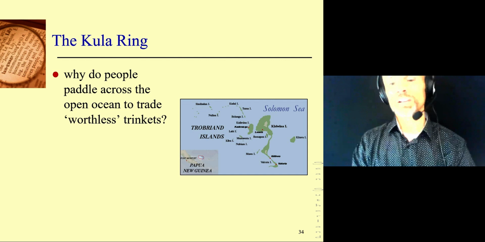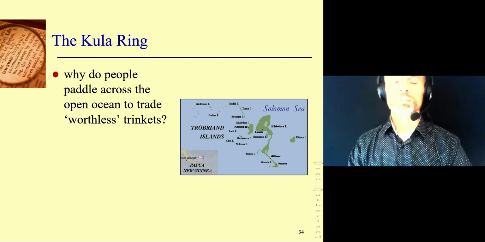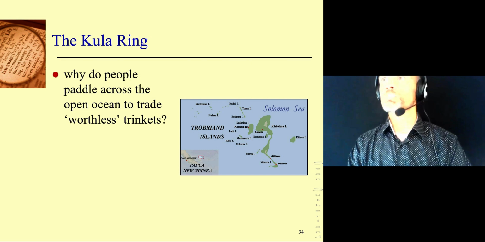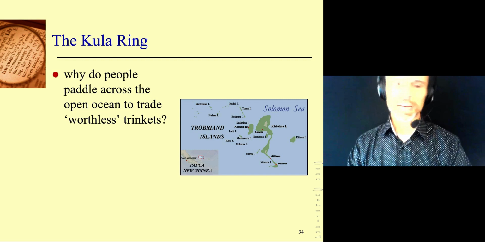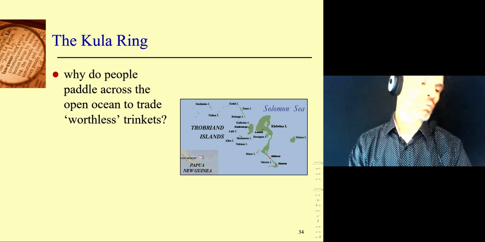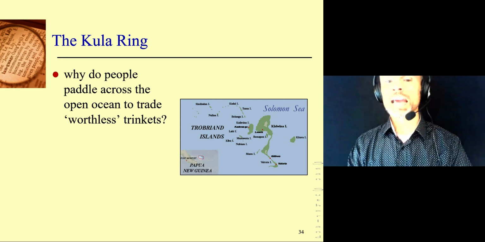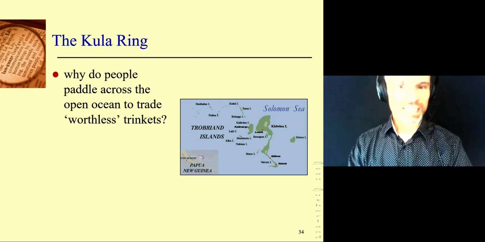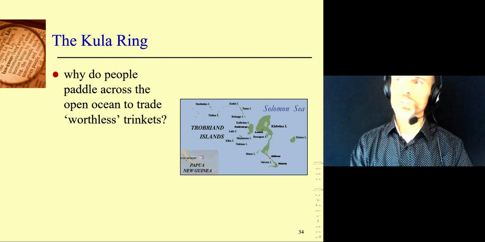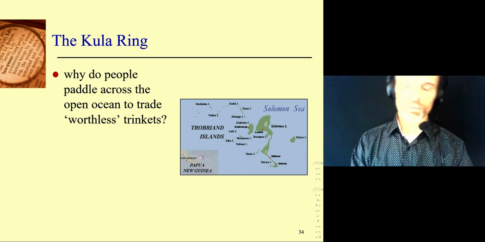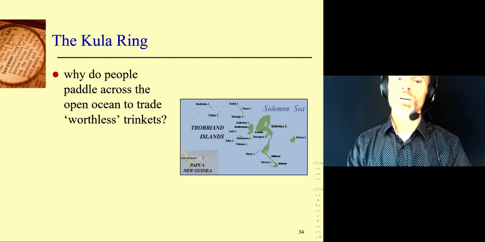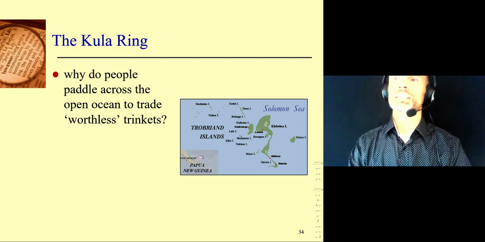What previously had been noticed was that people in this area would sometimes paddle across the ocean from island to island in small canoes, just to trade little rings that they'd made out of woven fibers and so on. And this looked very dangerous, paddling across the open ocean in small canoes, not big, modern boats. So it looked dangerous. Why are they doing this?